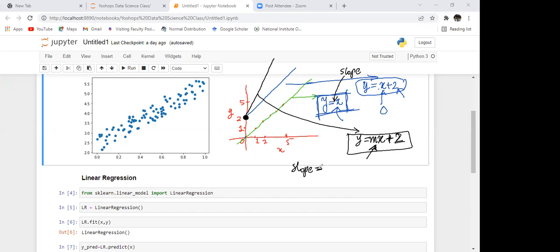So slope indicates that rate, meaning dy by dx, the rate of change in y. Or in terms of trigonometry also you can explain: slope tells you the inclination of this straight line with the horizontal axis. If this angle is theta, then slope indicates tangent of this theta. How do you relate this tan theta here in this figure?